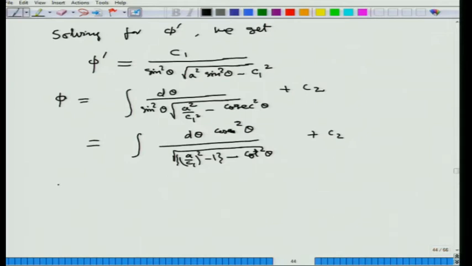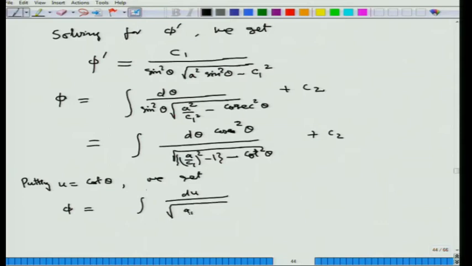So, then putting u equal to cot theta gives us phi as the integral of du over square root of (a by C1) whole square minus 1 minus u square, plus C2.